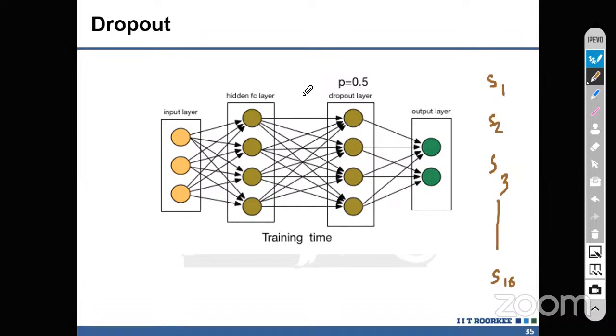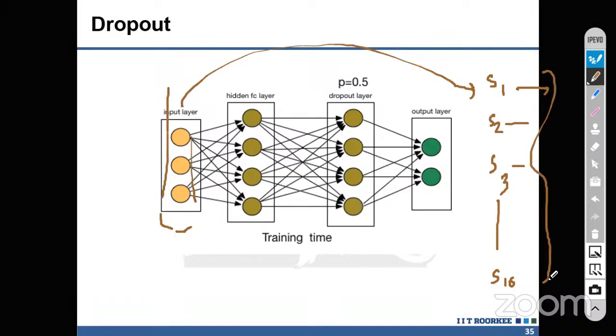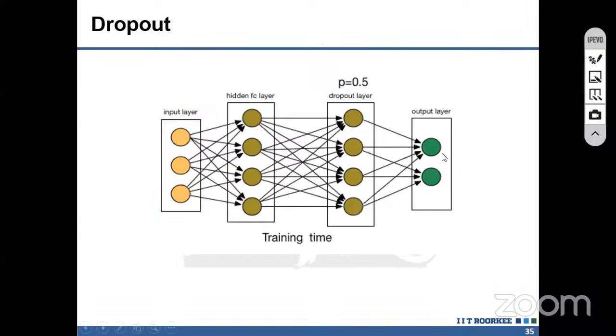S1 will be created using some of these neurons, S2 will be created using some other neurons. The data will remain the same. With a set of data, if you use S1, what is the accuracy? With the same data, if you use S2, what is the accuracy? If you use S3, what is the accuracy? Then finally, you combine these networks' results and you get the final result.